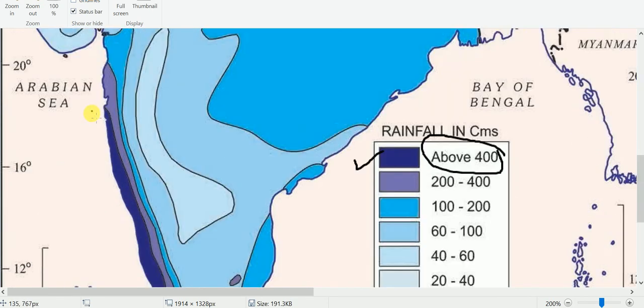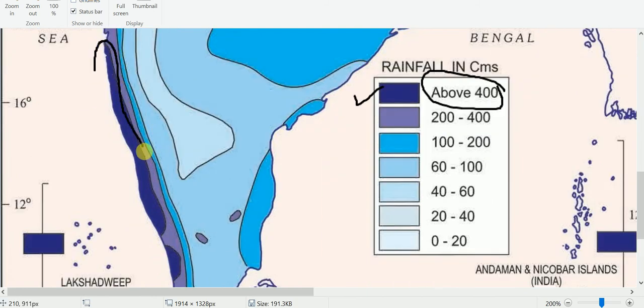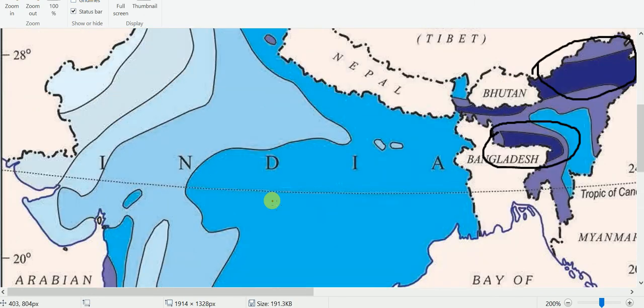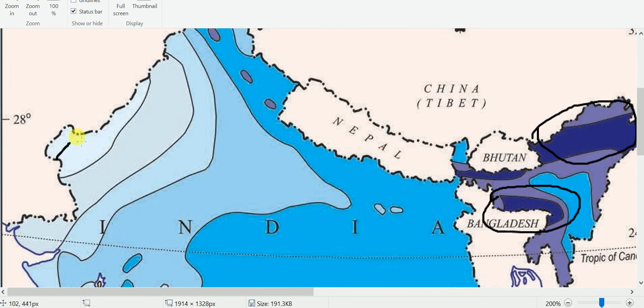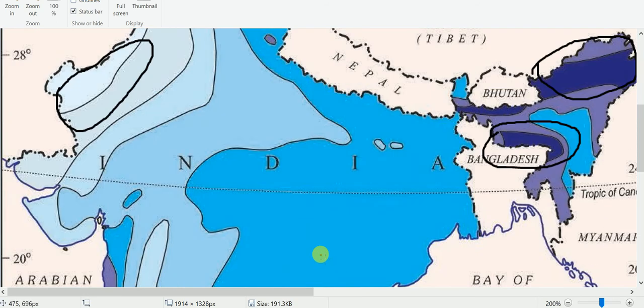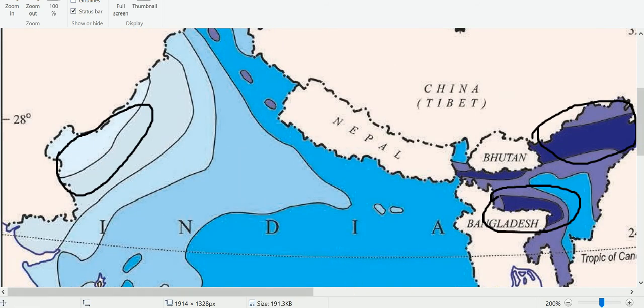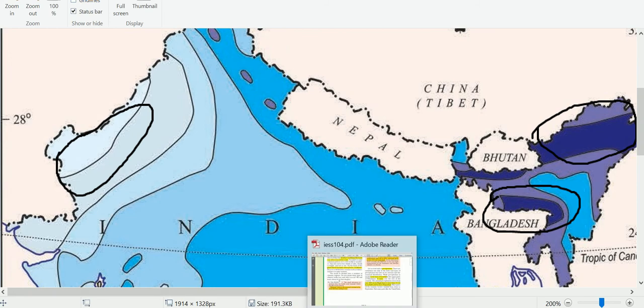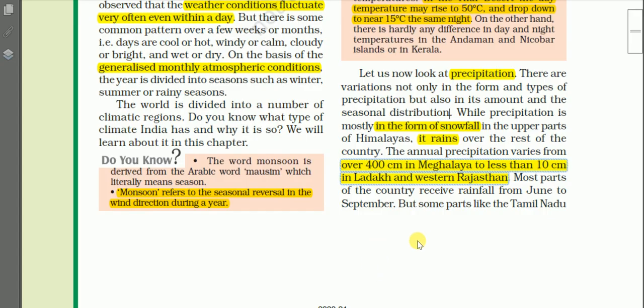Then in the western coastal plain, in the western slope of the Western Ghats, we find very heavy rainfall, more than 400 centimeters in a year, whereas the western part of Rajasthan receives little rainfall, less than 20 centimeters in a year. In this way, we find a lot of variation in the amount of rainfall.